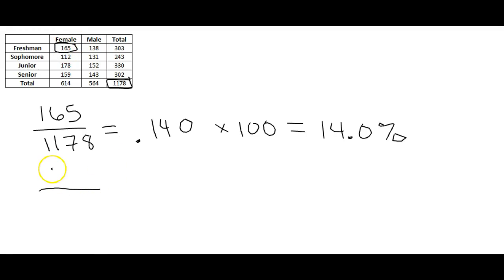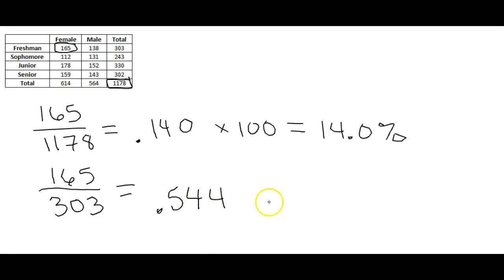We're still using the female freshman number, but this time, since we're only picking her from the freshman class, we're only using the 303. So 165 divided by 303 is 0.544, and there's a lot more to the decimal, but I'm only writing out a few. Let's round this to the nearest hundredth, so 0.54 only, times 100 is 54%.